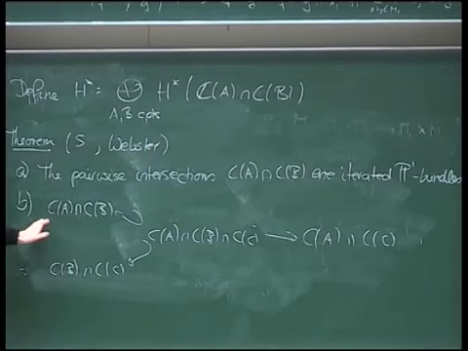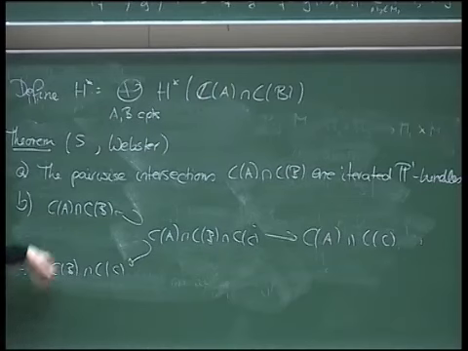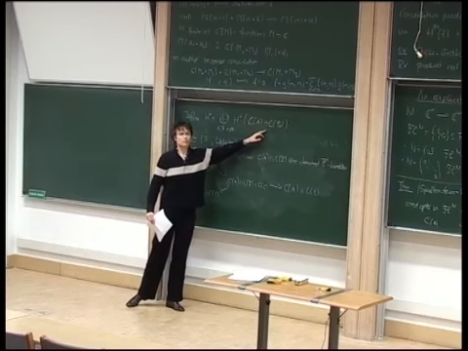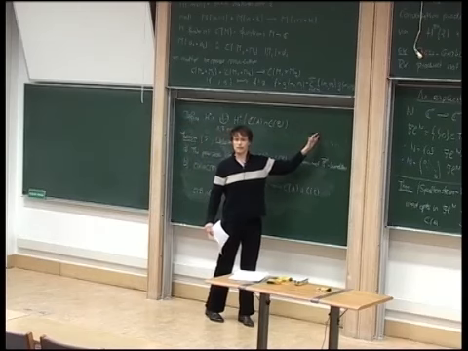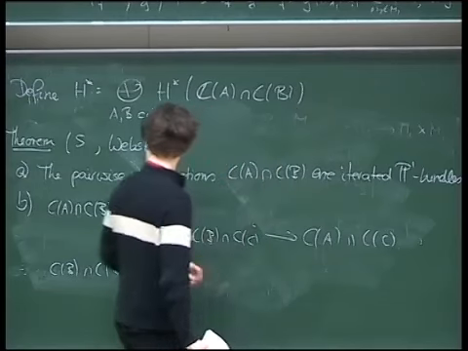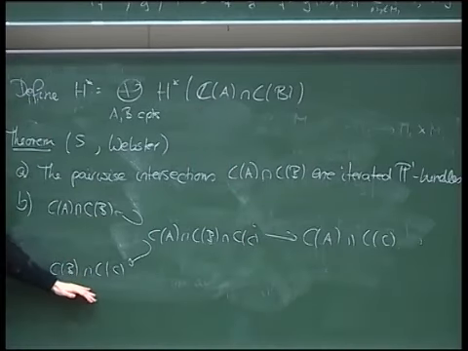So this diagram defines a convolution product on this H star: if I multiply something from A intersected B with C intersected D, then it's 0 except when B and C match. So I can restrict to such a case.